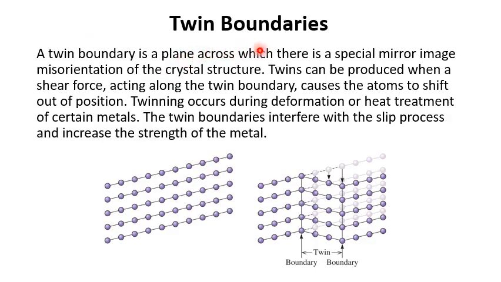Another type of interfacial defects is twin boundaries. Twin boundaries occur when some atoms or group of atoms shift from their initial position under applied stress, under external stress. For example, this group of atoms has an initial arrangement in the material.